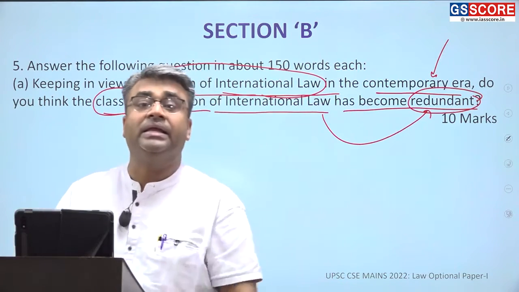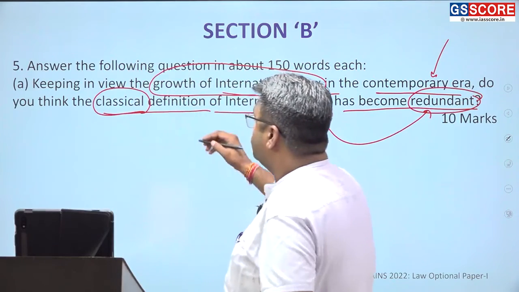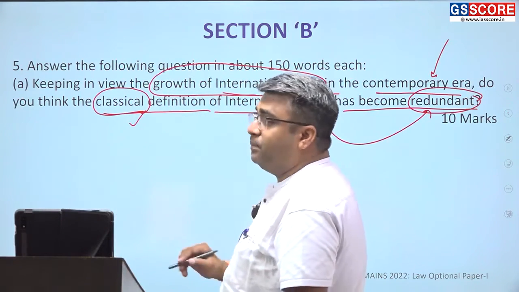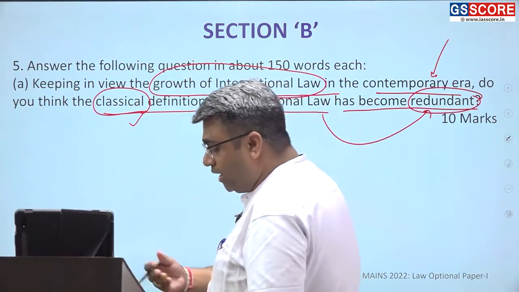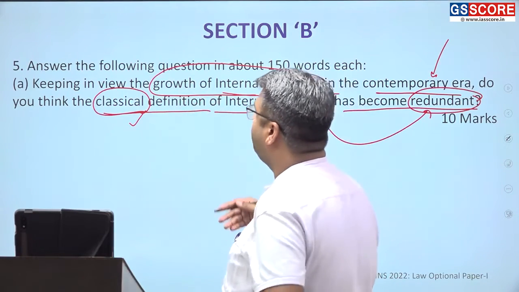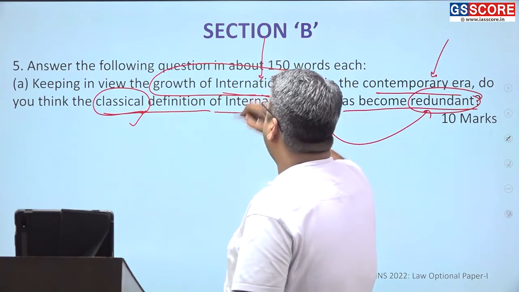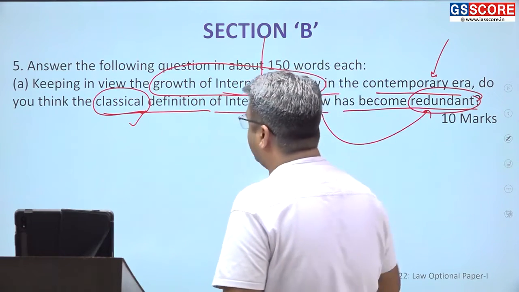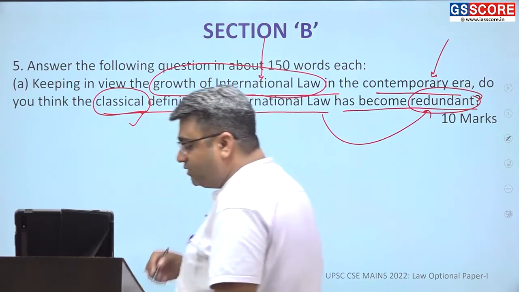That is one of the criteria actually. So the classical definitions are still applicable as per my view. Your view might be different. So you just quote a few of the definitions of Oppenheim or Brierley, then mention the growth of international law, and then try to conclude whether those definitions are still applicable or not.